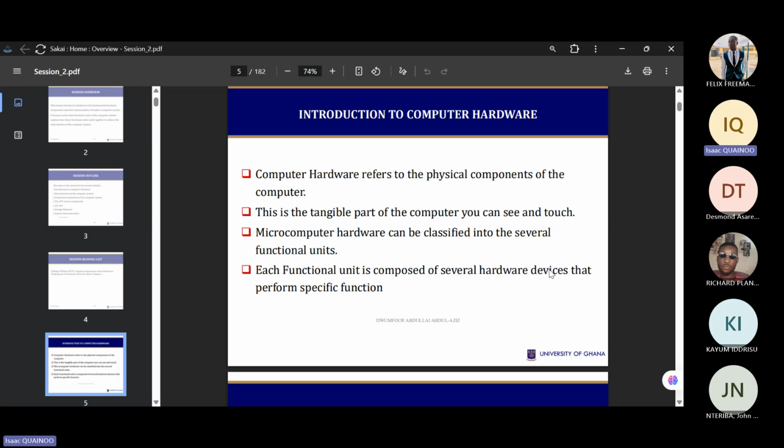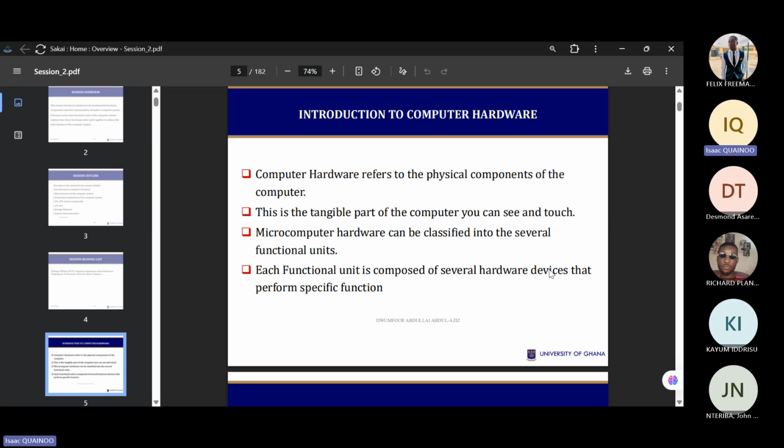Okay, so let's continue. Introduction to computer hardware. Computer hardware, as we all know, refers to the physical components of the computer. When we talk about hardware, we are talking about the components that we can touch, that we can feel, the solid components of a computer.